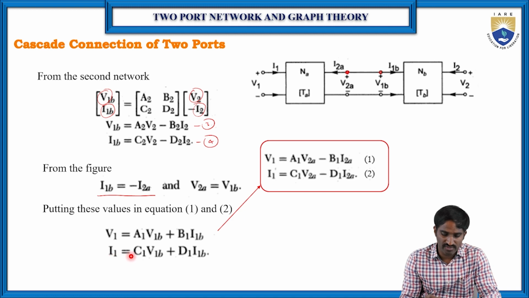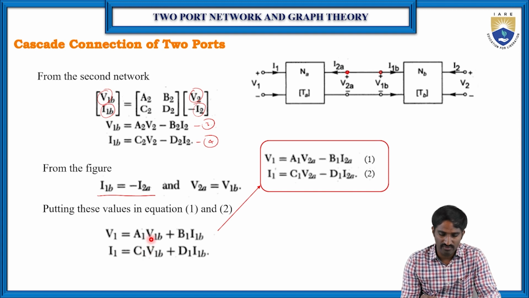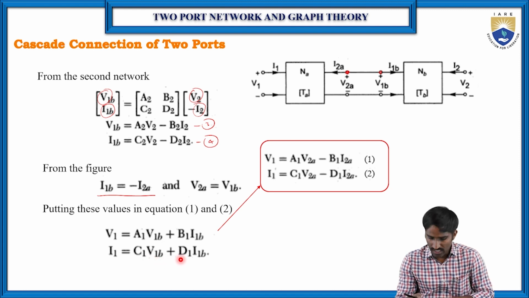Similarly, I1 is equal to C1 times V2A, where V2A is replaced with V1B, and again I2A is replaced with minus I1B. Then the equations are V1 equal to A1 V1B plus B1 into I1B, and I1 equal to C1 V1B plus D1 into I1B.